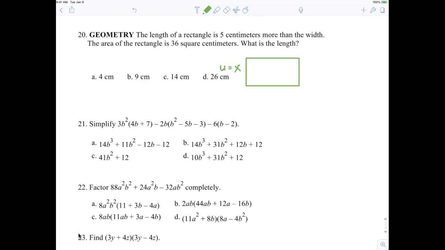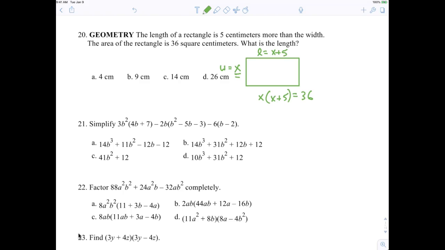And then the length is what? X plus 5. Now, of course, you could have said L is W plus 5. It's not a big deal. Because you know that the area is when I do what? Multiply them together. So it'd be x times x plus 5, and that's supposed to equal what? 36.